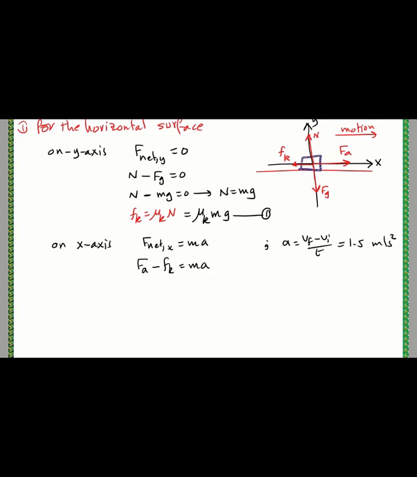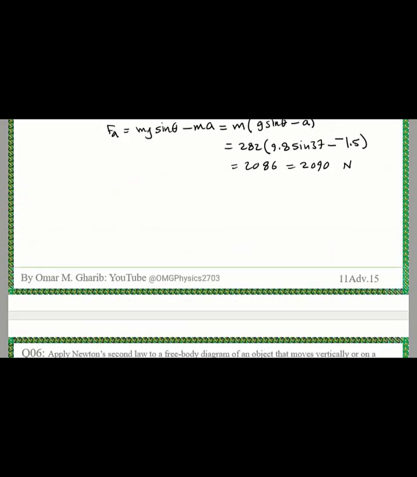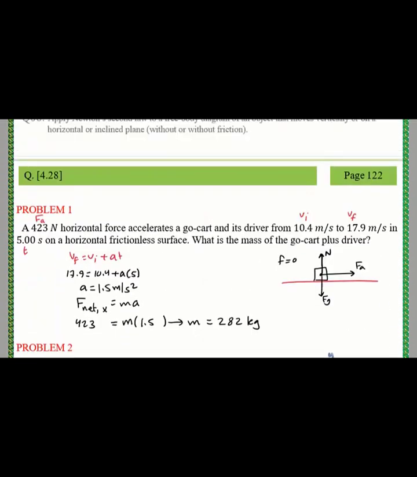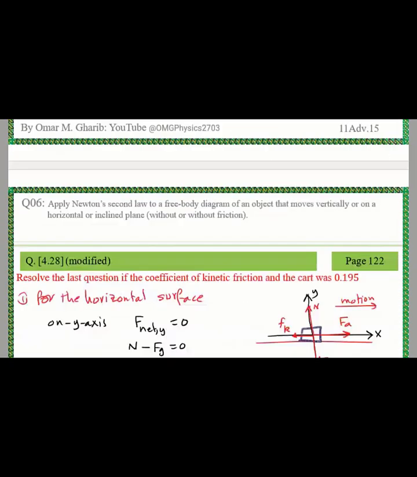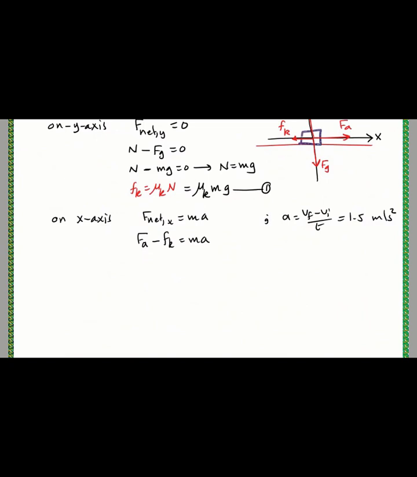Now Fa is given in the question, it is 423. So we have Fa equals Fk plus m times a.